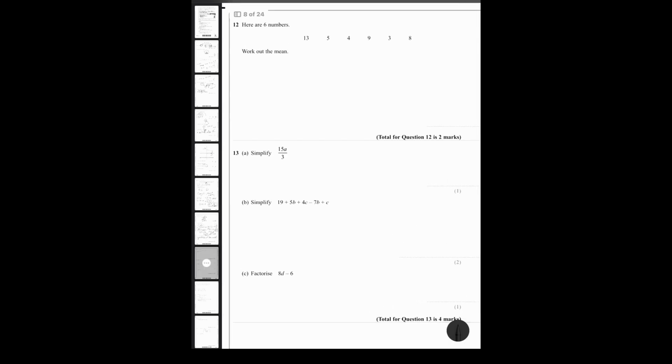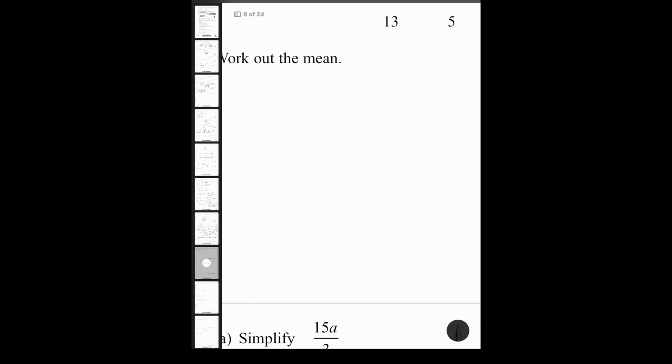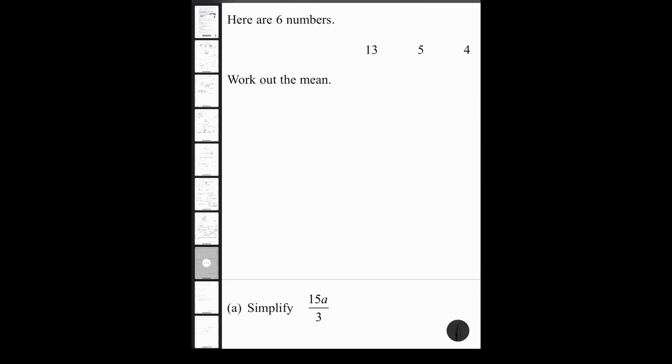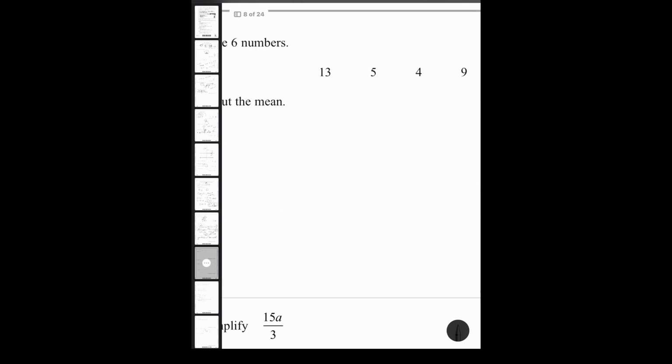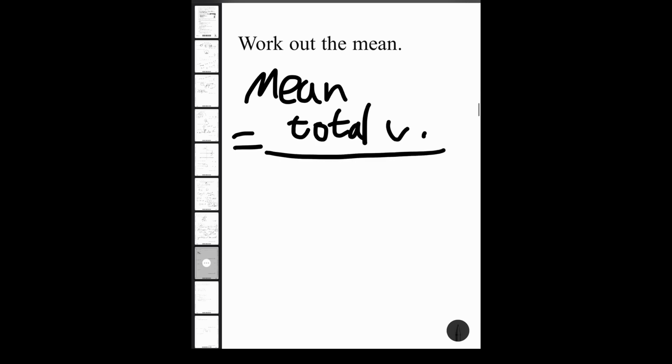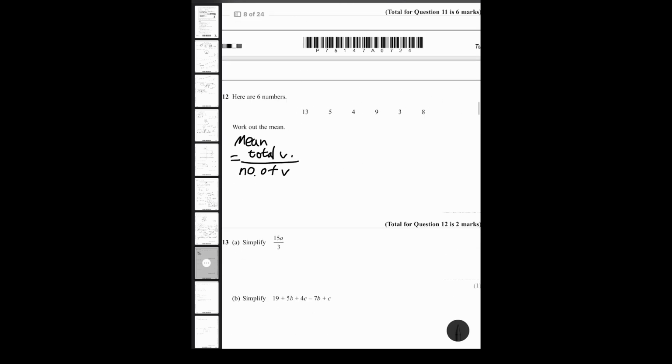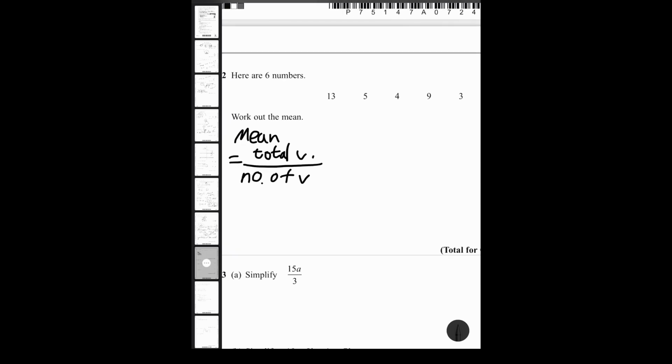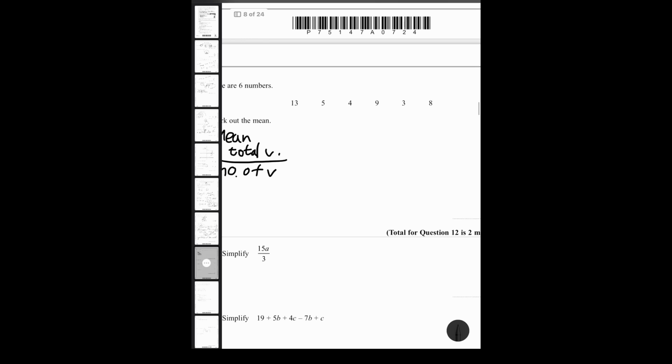So next one. Here are 6 numbers, work out the mean. What is the mean? The mean is the average, right? How do you get the average? Mean equals total value divided by number of values, right? Because you're finding out the average: if we've got all these numbers together and we split it evenly, what would we have?